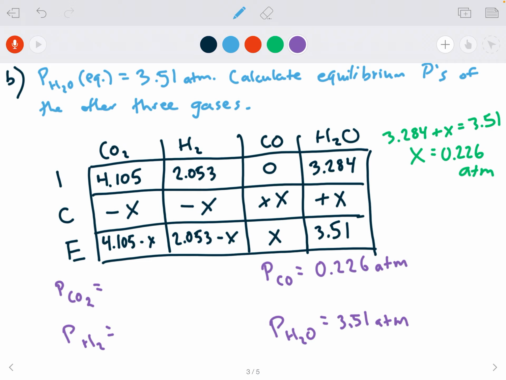Then for CO2, it's going to be 4.105 minus X, which is 3.88. And then H2, it's 2.053 minus X, which winds up being 1.83. So those are the equilibrium partial pressures of all of the components of this reaction.